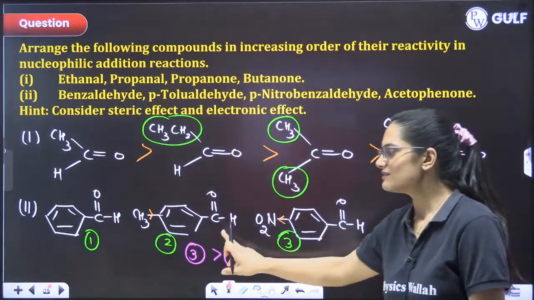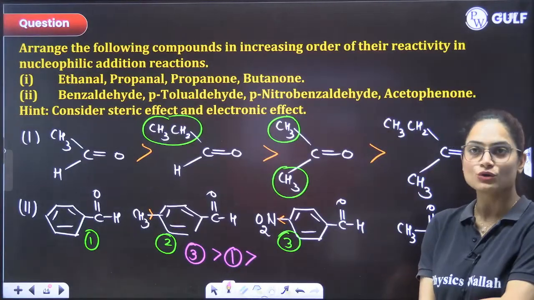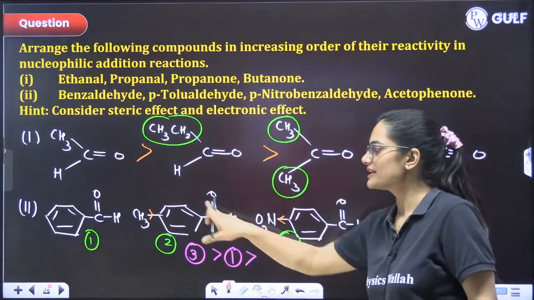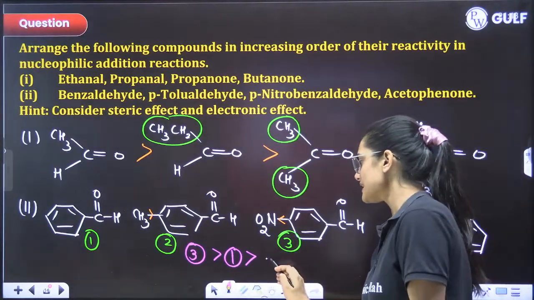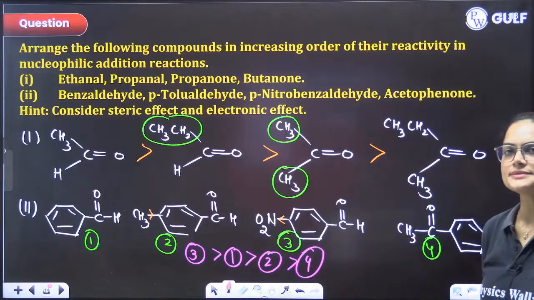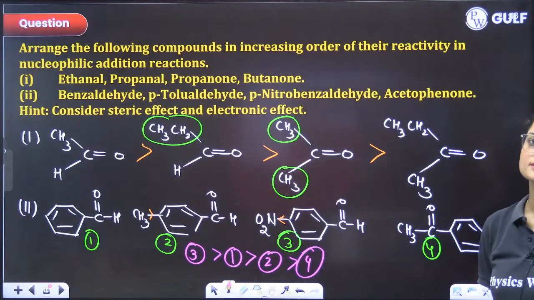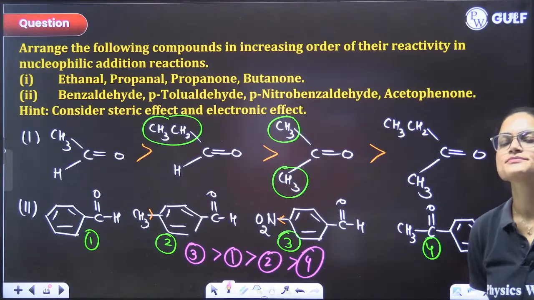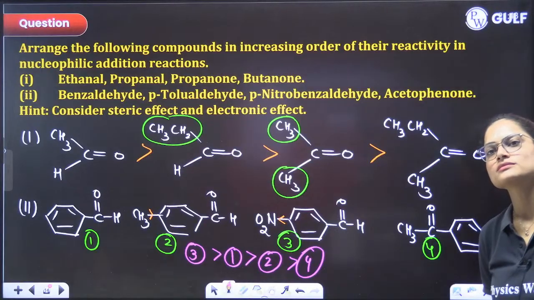The second one will be more reactive, as CH3 is not attached directly to the carbon CO group, rather it is attached at the para position. So the second will be more reactive than the fourth one. Okay? Yes, you are right. Understood, guys? My mistake. Is this clear, all of you?